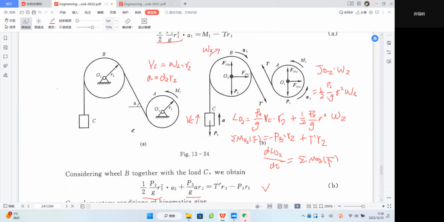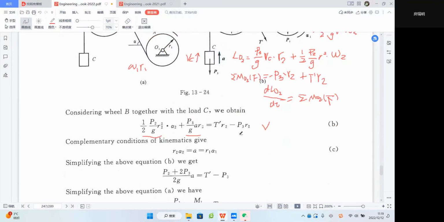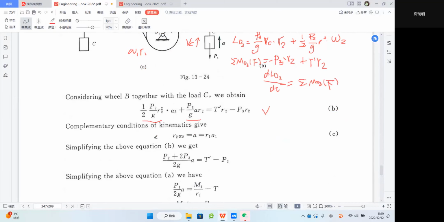The velocity will always equal omega 1 times R1, so it also equals alpha 1 R1. That's why all these equations are true.